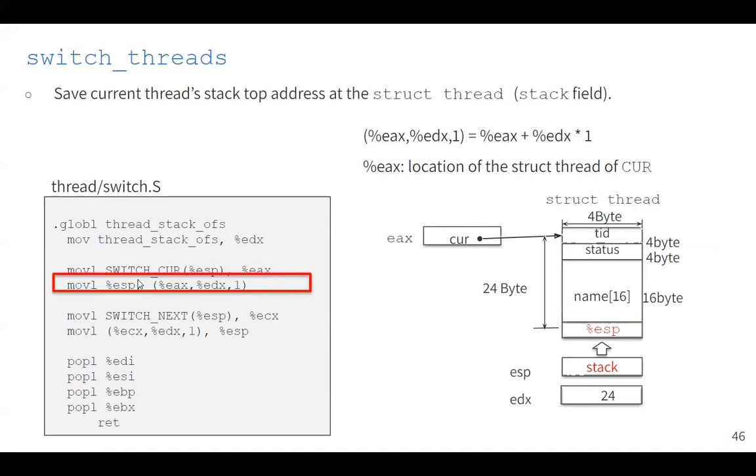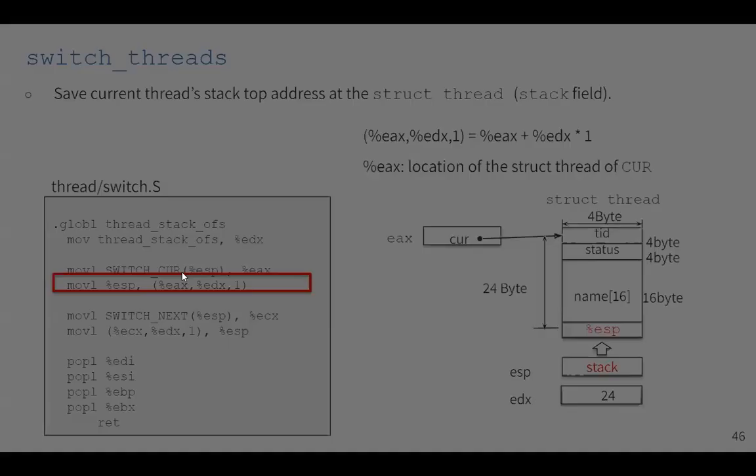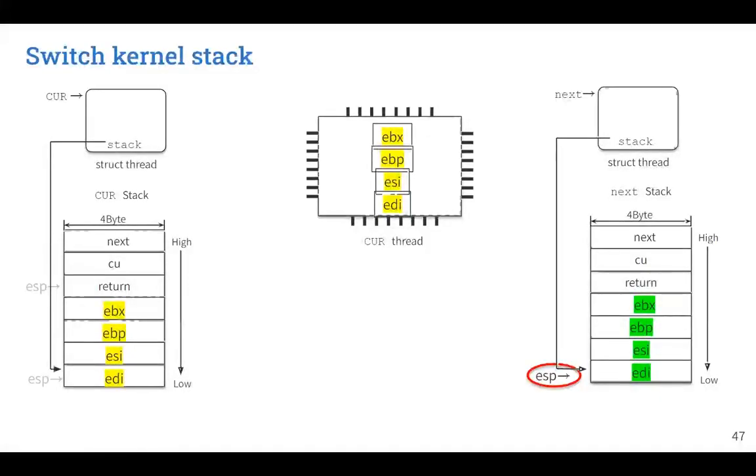We're storing the current stack pointer value to the stack field in struct thread of cur at this line. So now we have the current stack pointer stored in the current thread struct.